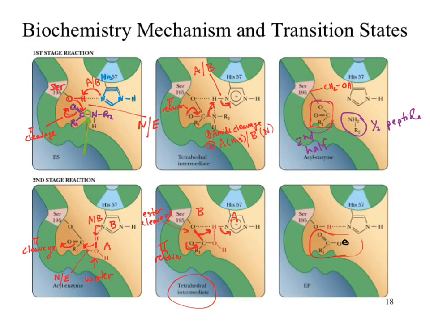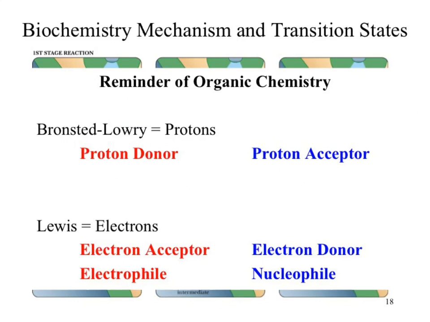So with that, that's where we run into some reminders of your definitions. I personally find these definitions ridiculously important, and I will test you on these. And they can be as simple as, what is a Bronsted-Lowry acid?